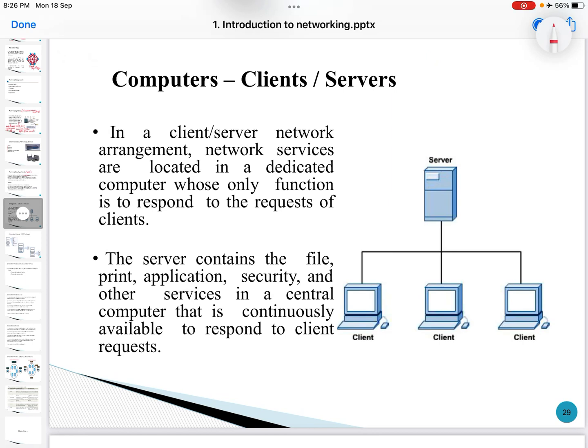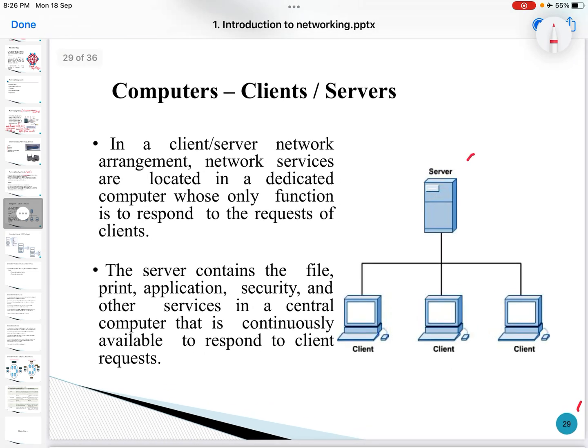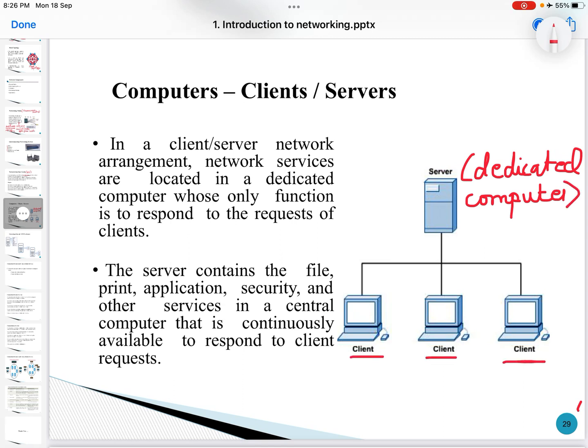Computer, client and server. In a client-server network arrangement, network services are located in a dedicated computer whose only function is to respond to the request of the client. So that is nothing but the server. This dedicated computer is your server, whose only function is to respond to the request of the clients.